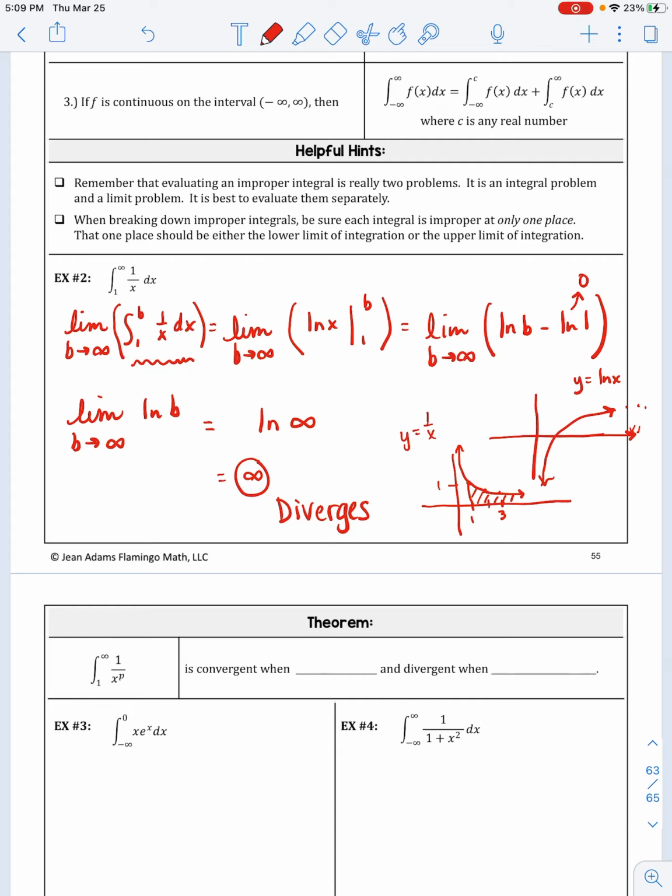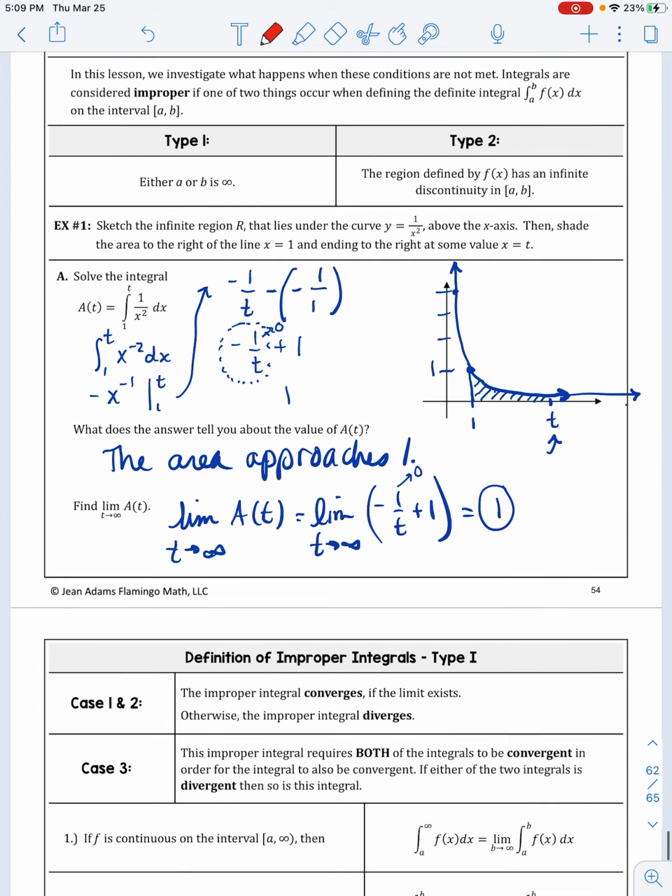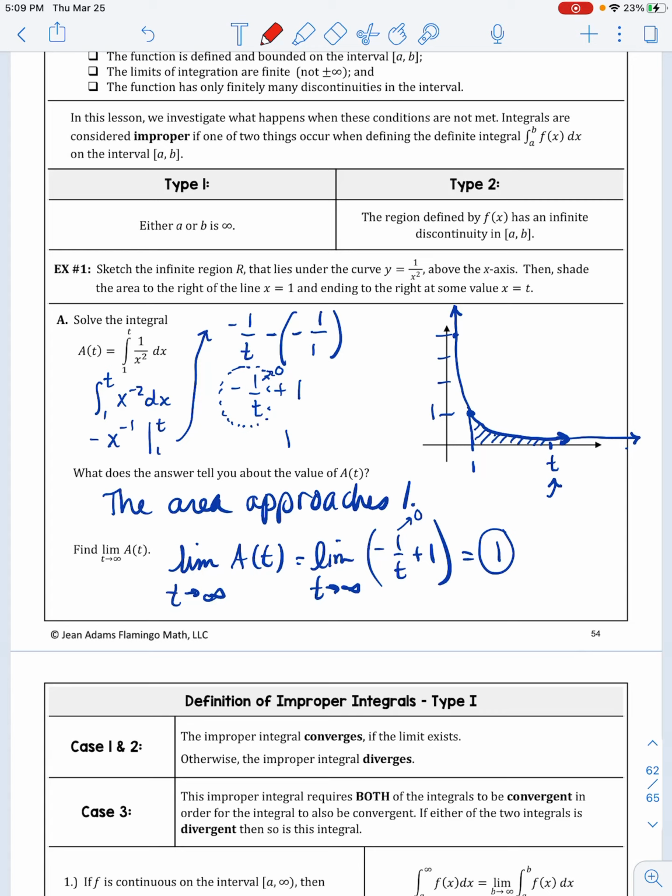That means that this area is infinite, where the one that was up here that we looked at, it got so small so fast right here, it actually summed up to 1. Okay, and the only thing that was a little bit different was that the first one was x squared, and the second one was just plain old x to the first power.